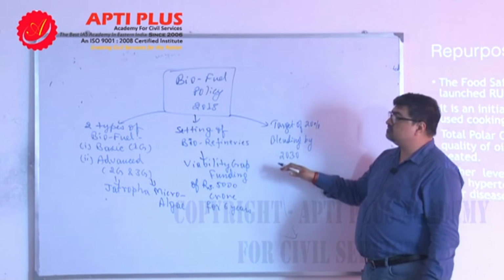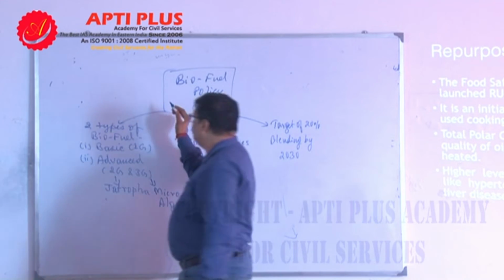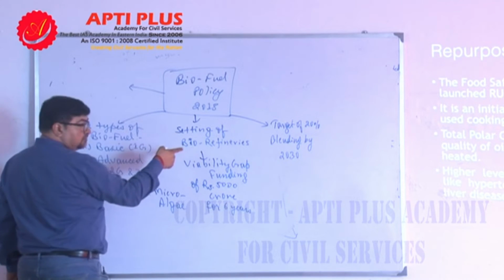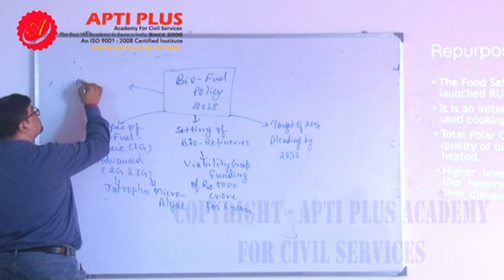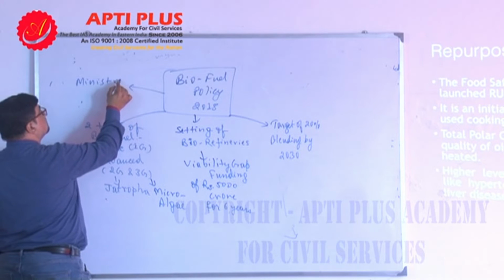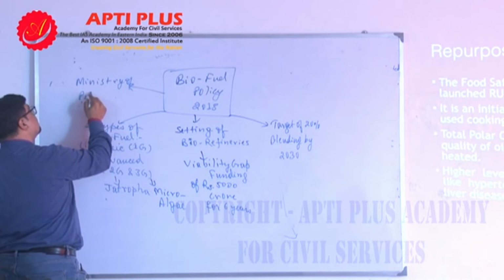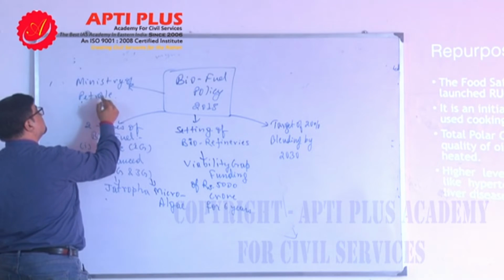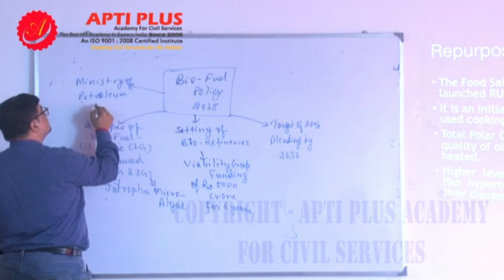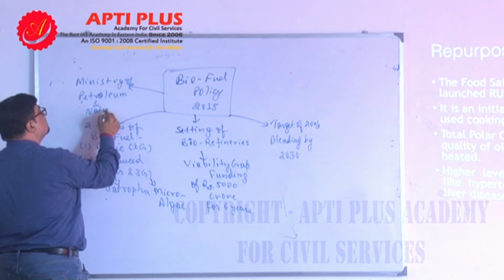Now tell me any other highlights apart from this one. Which is the nodal ministry? The nodal ministry for this is the Ministry of Petroleum and Natural Gas. That will be the nodal ministry for implementing this.